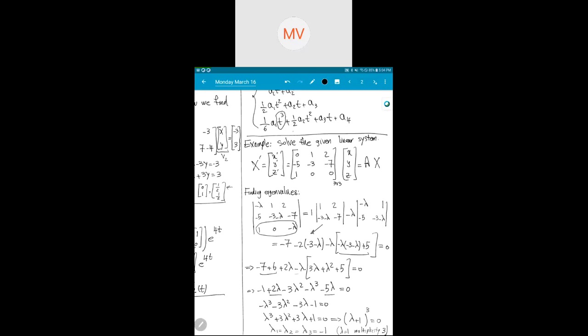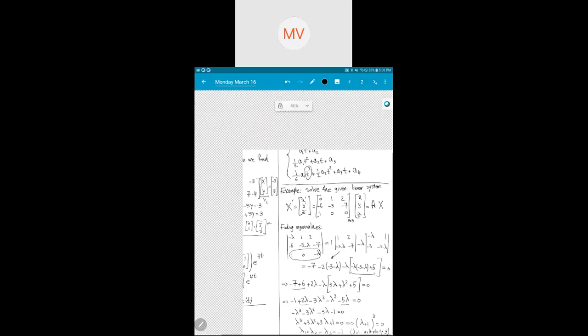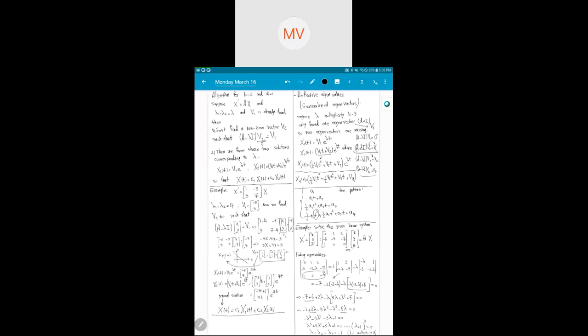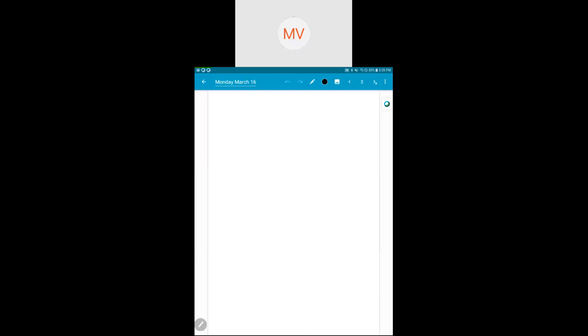Okay, let's go to the next page. So let me zoom out of this completely. Okay. So I go ahead and fit it with height. Let's go to the next page. Okay. So lambda repeated 3 times. Oh, by the way, let's divide it to 2 columns.